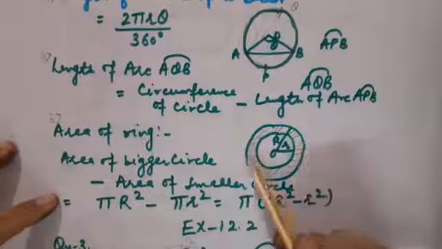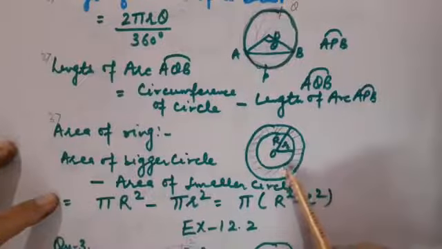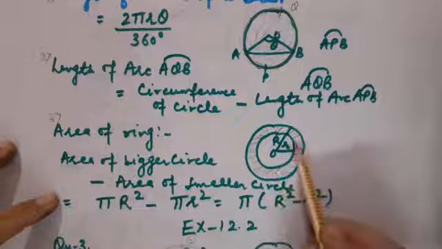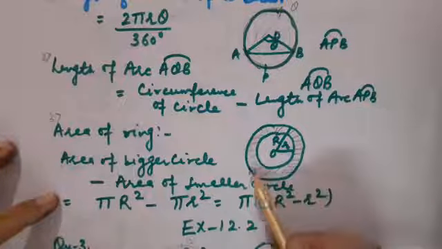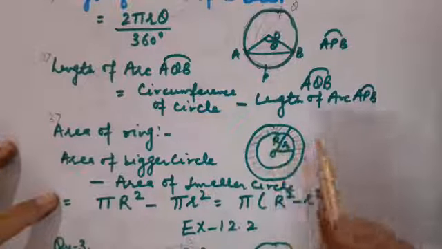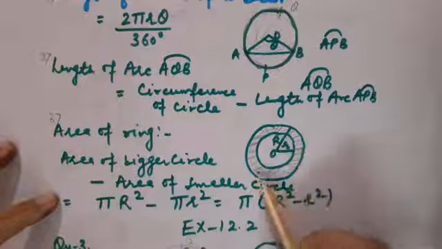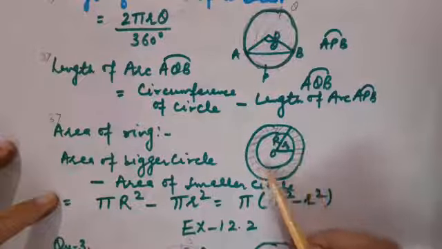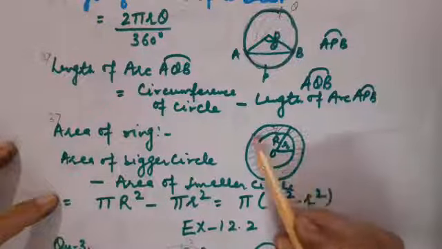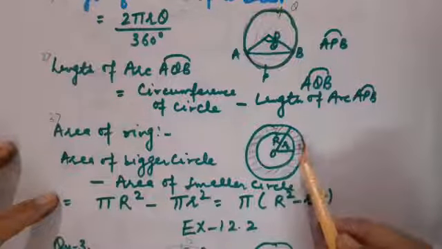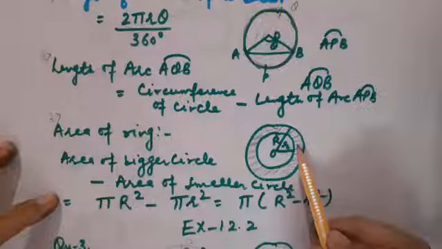Okay. Now the next formula is how to calculate area of the ring. Here I told you that there will be one circle, the smaller one will be inside the bigger one, then a ring will be formed. So this is the ring which is the shaded region. You can see, children. So how to calculate area of ring? If I subtract the area of the smaller circle from the area of the bigger circle, I can easily calculate the area of the ring.